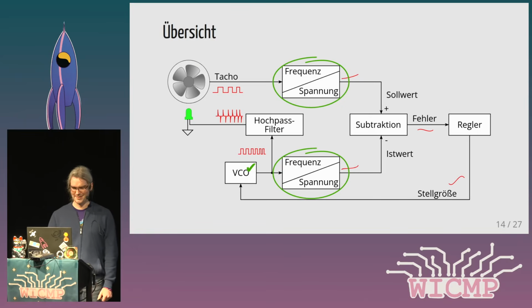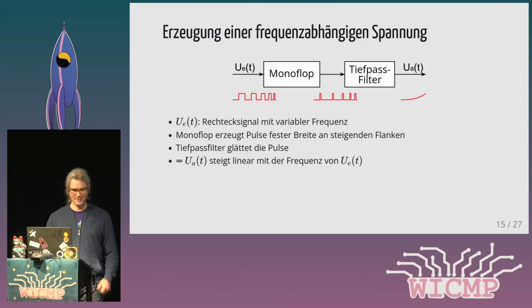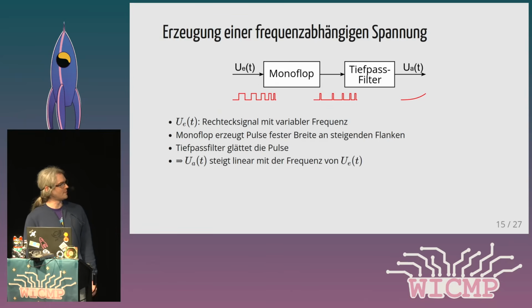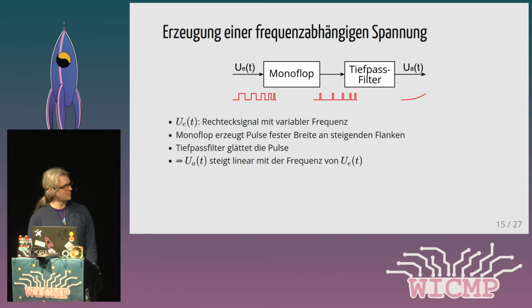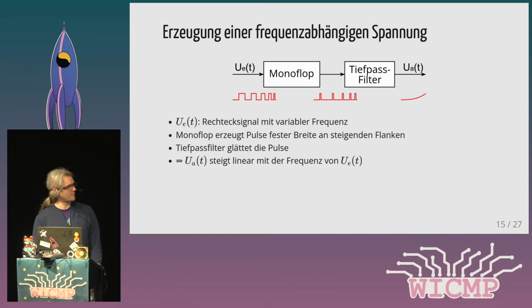And so now we will get to the black box block of the frequency to voltage conversion. This consists of 2 sub-blocks. Those look like this. One of those is a monoflop. That is a circuit that creates pulses with a specific width on the rising edge of the input voltage. So we have the signal with a changing frequency at the input of the monoflop.